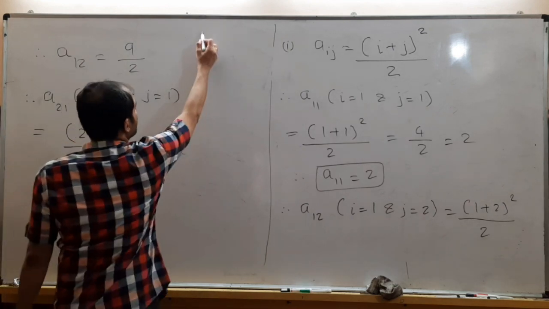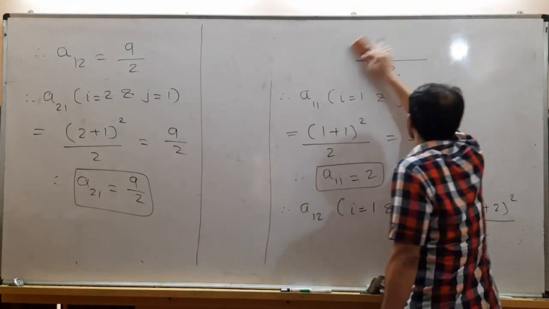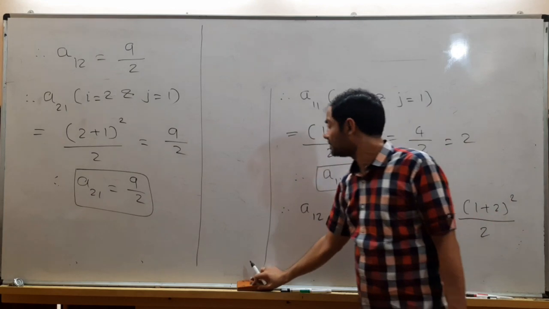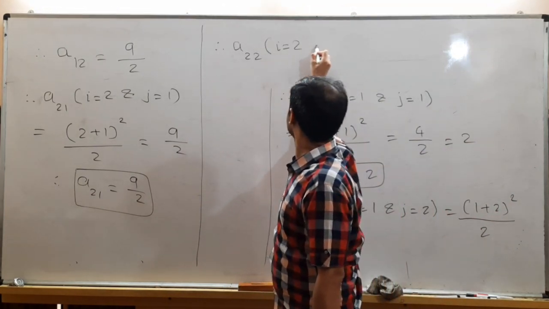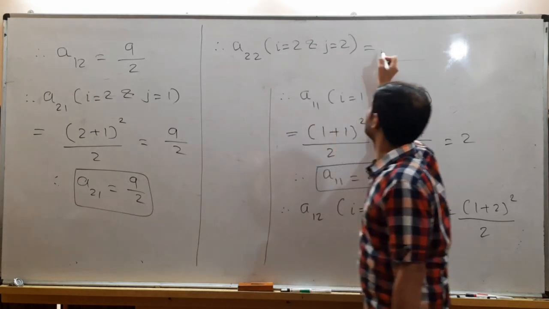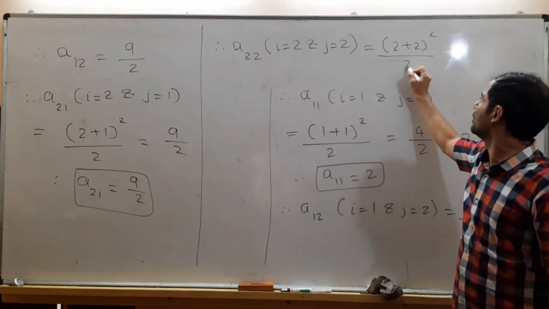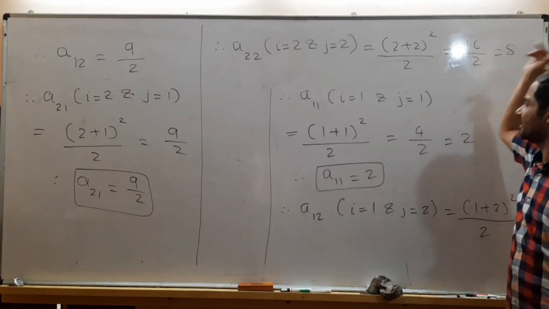And the last one is A22. For A22, i has to be 2 and j has to be 2. So that will be (2 plus 2) the whole square by 2. 2 plus 2 is 4, 4 square 16, 16 by 2 is 8.